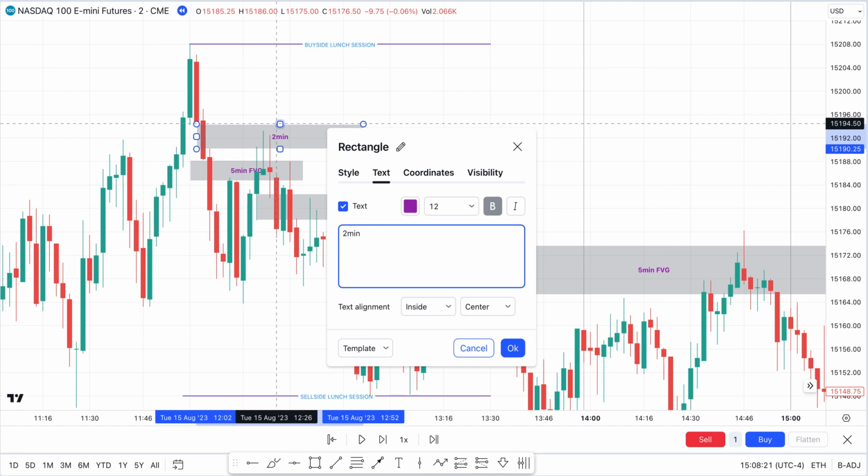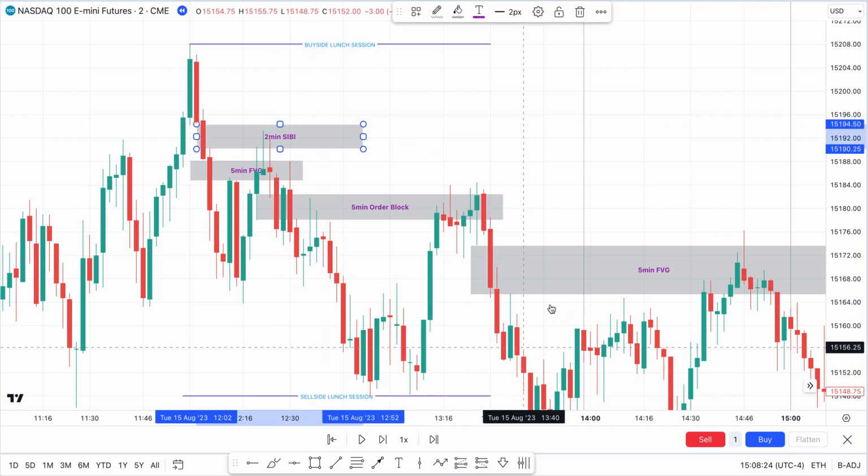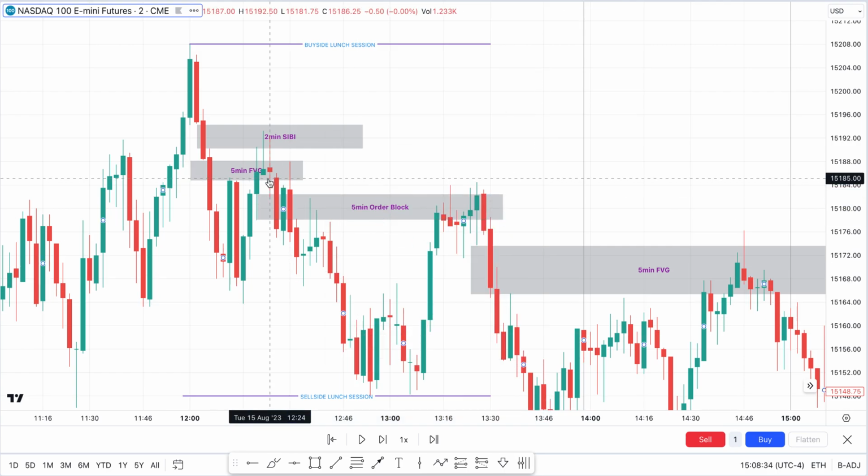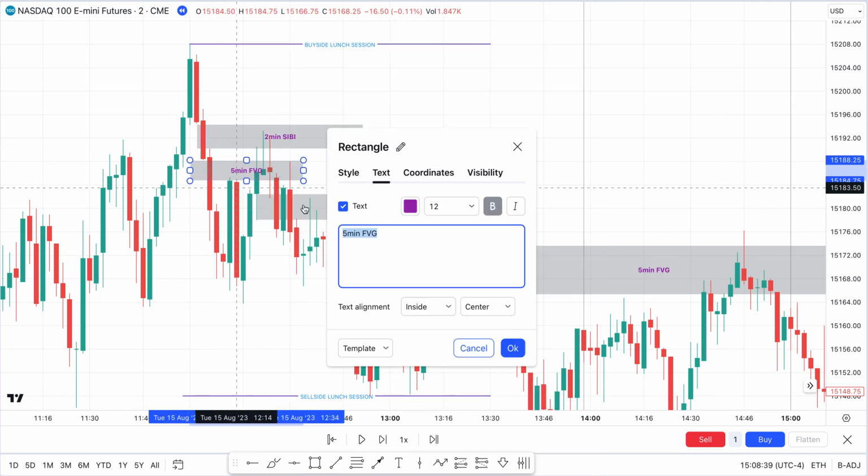Or actually I'll just say SIBI, it's easier. All of these that I'm marking now are SIBIs. 5 minute, that's an order block, that's correct. Oh no. Now we're doing 5 minute SIBI.